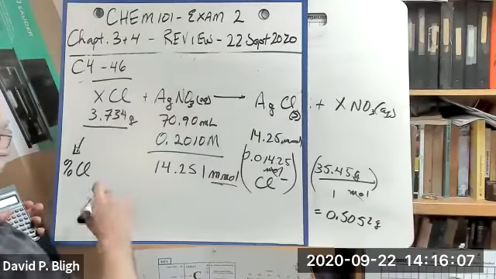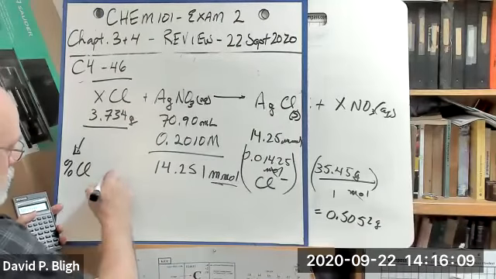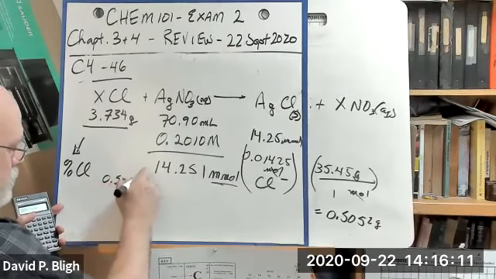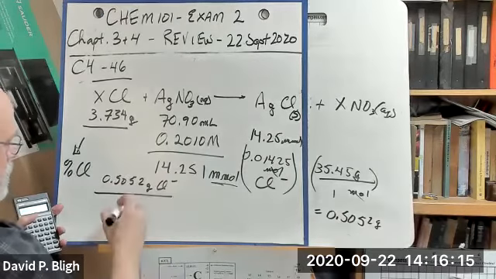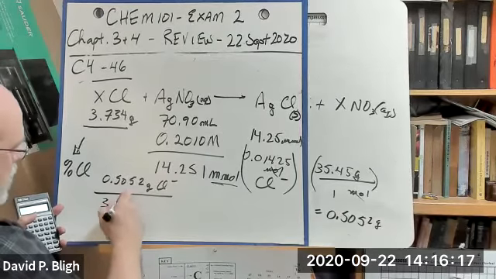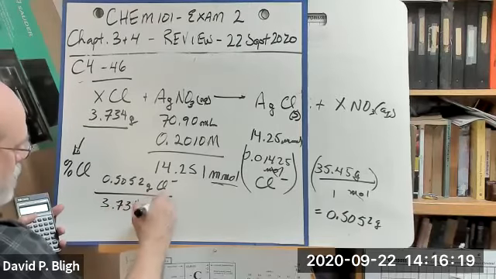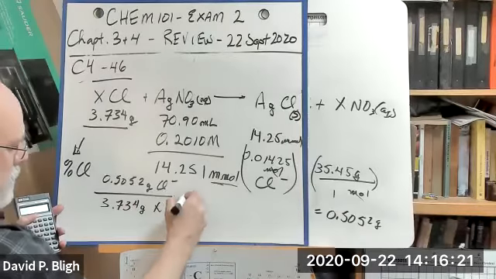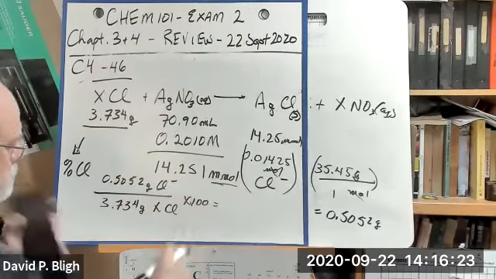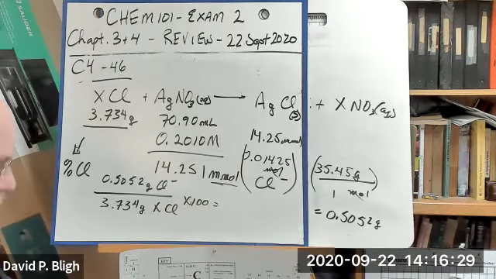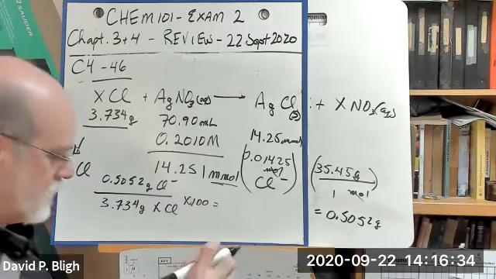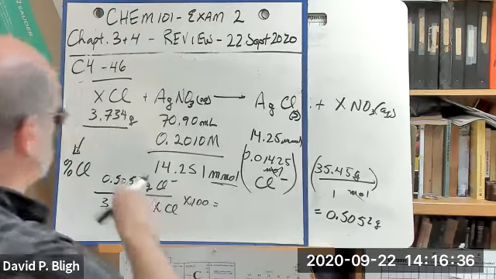All right, now we can do our calculation. 0.5052 grams of chloride in 3.734 grams of XCl times 100 is 13.5.